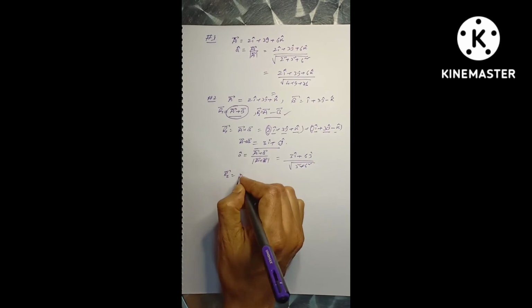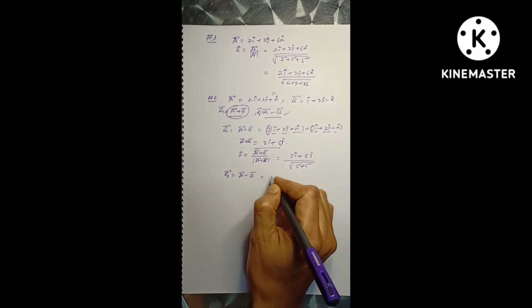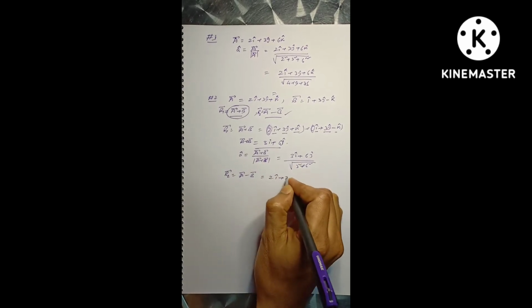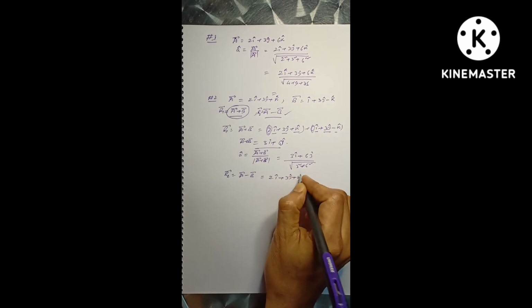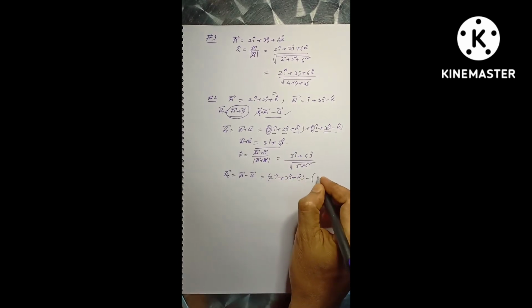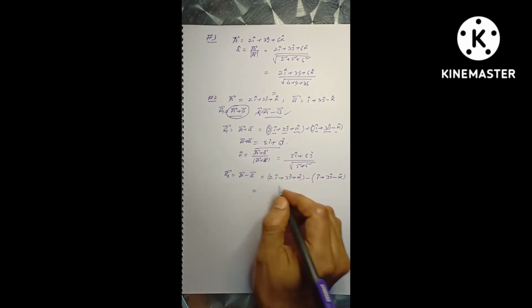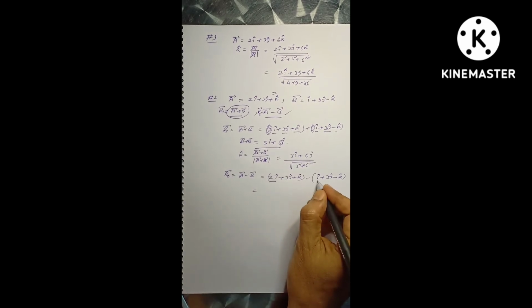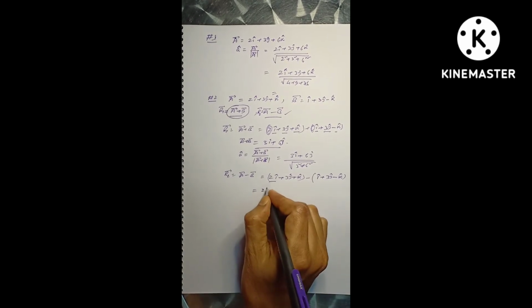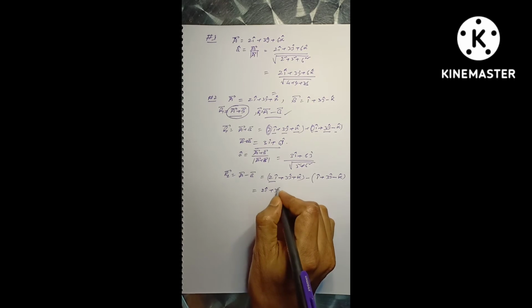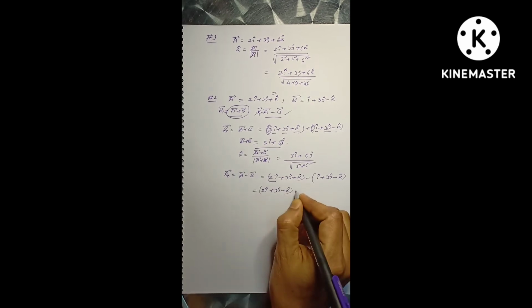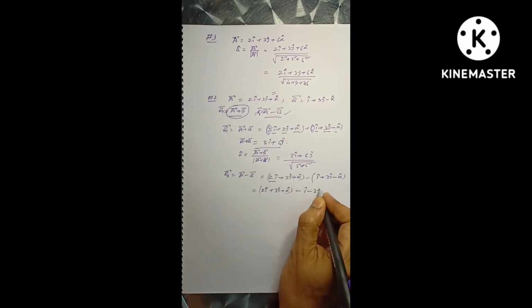r2 vector, a vector minus b vector, equals 2i cap plus 3j cap plus k cap minus i cap minus 3j cap plus k cap.